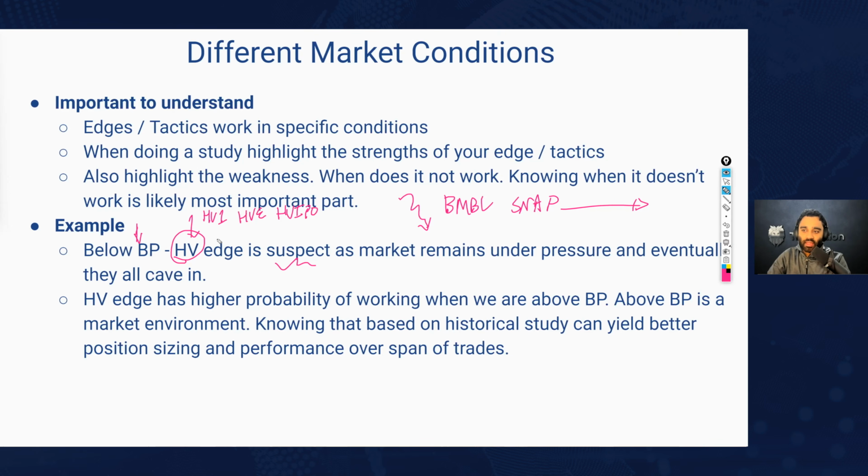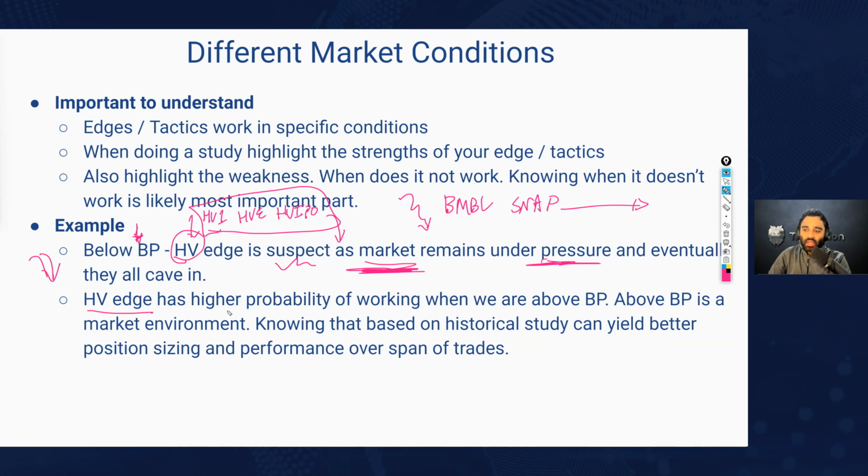So we've seen that the probability of these setups working when the market is below BP has been lower. And that is primarily due to, again, market conditions will not allow the supply and demand to work itself out because there's consistent pressure to the downside.